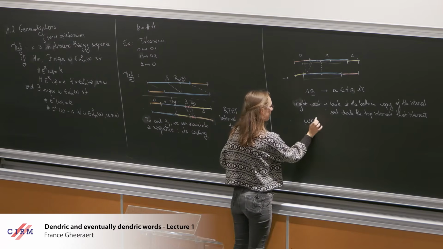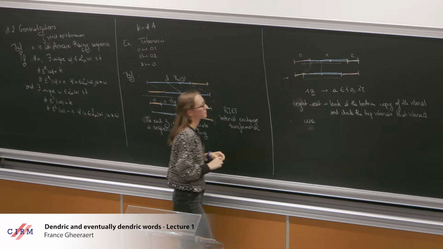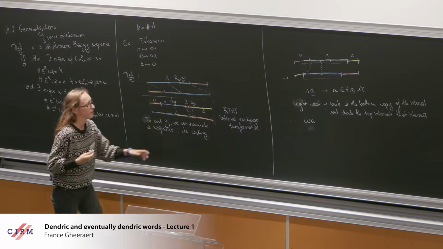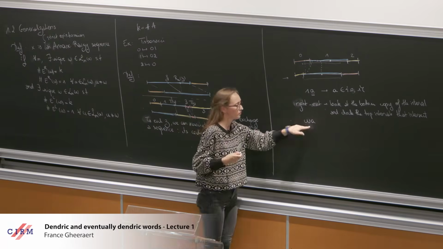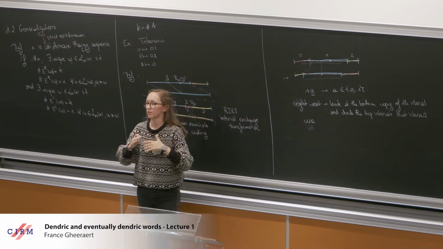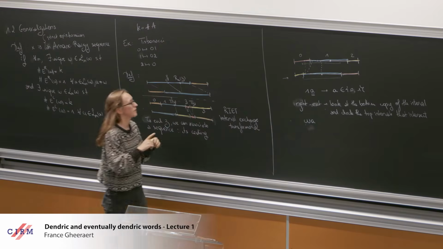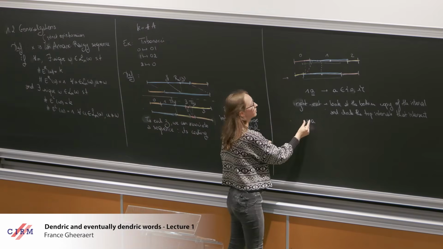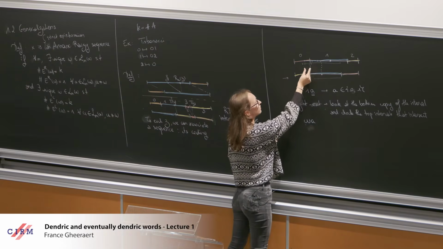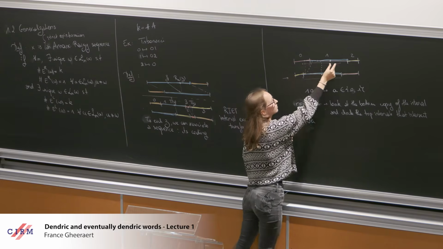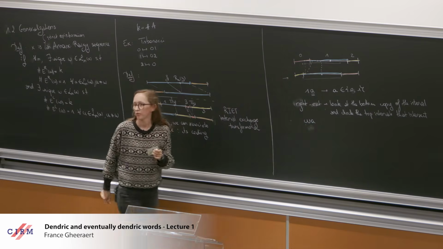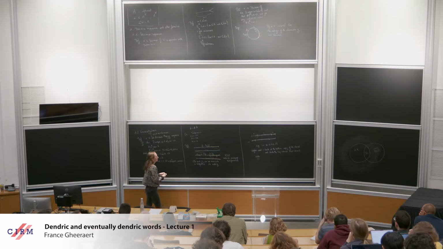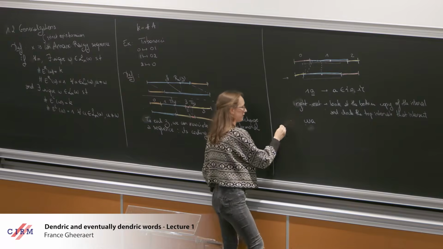So it's exactly the same. And the important part is that the interval corresponding to W gets smaller and smaller the longer W gets. And so if W is long enough, then this small interval will only cross at most 2 of the top intervals.